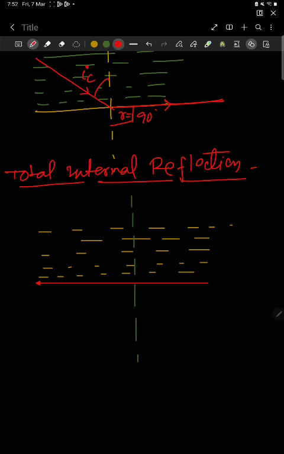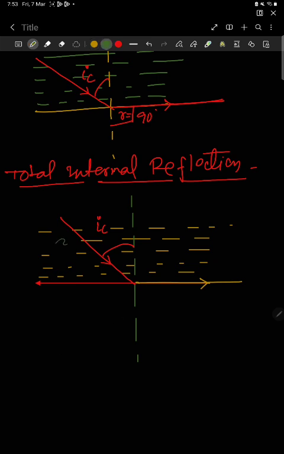Suppose this one is our incident ray, and this incident angle is equal to the critical angle. In this case, this light ray will pass like this through the interface, making 90 degrees.